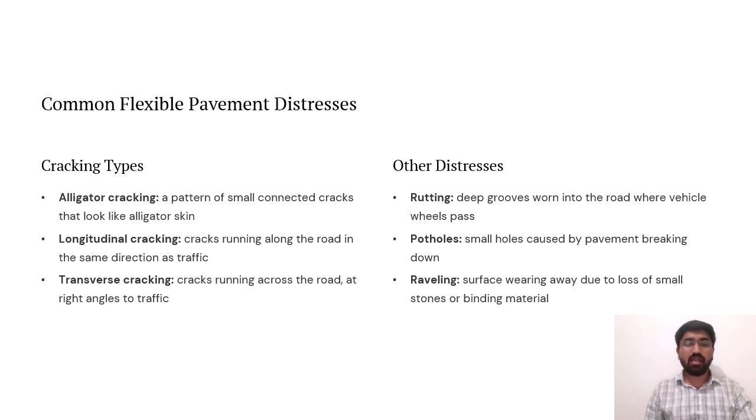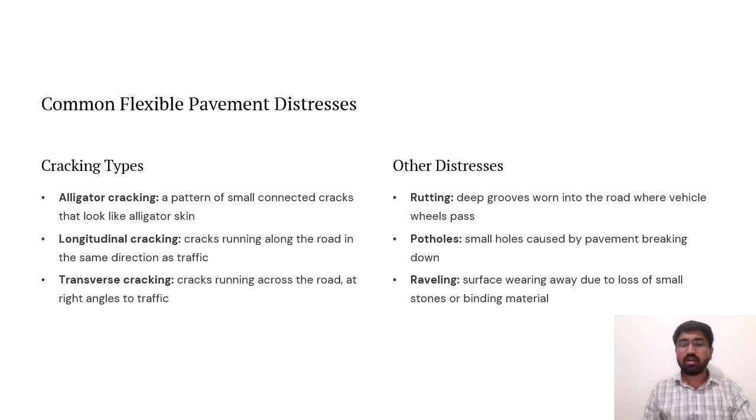Transverse cracking, cracks running across the road at right angles to traffic. On NH48, especially near industrial zones, overloaded trucks caused severe rutting and fatigue cracking over time due to repeated stress. These are the examples of flexible pavement distresses.